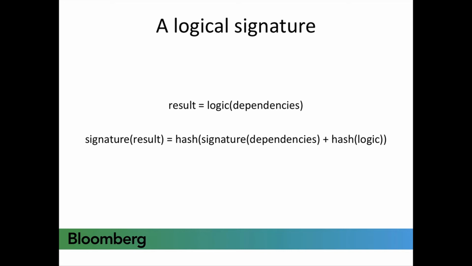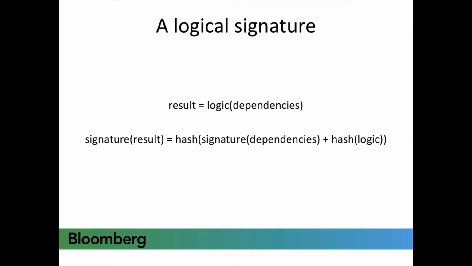So we can encode this in a hash, basically. If a result is the logic applied to dependencies, we can say the signature of that result is the combined signatures of the dependencies plus a hash of the logic, combined and hashed together.